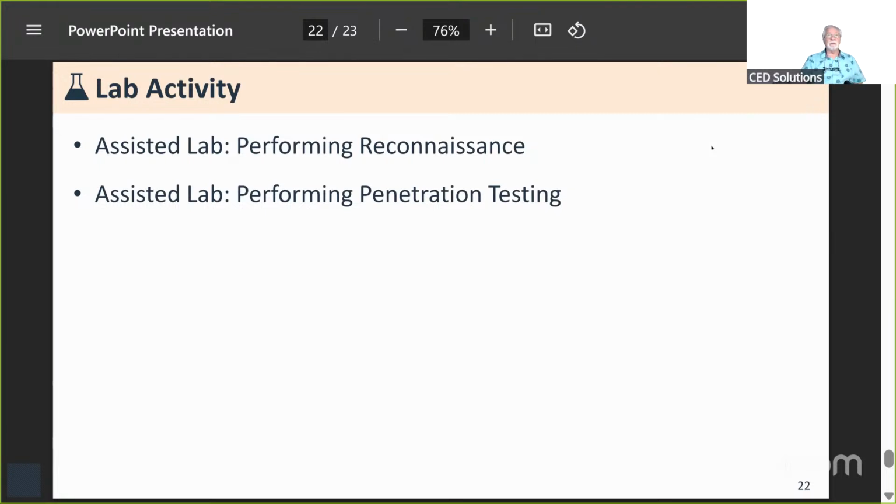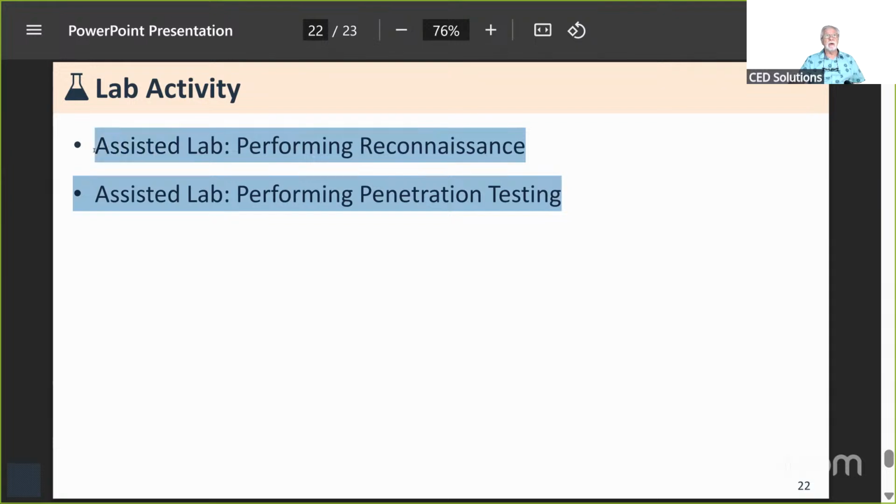Now, these are two labs here that I would absolutely recommend you guys go through. Now, if you plan on going and getting the Pen Test Plus class, then they concentrate a lot more on this in the certification exam. Not so much in this one, but these are fun.